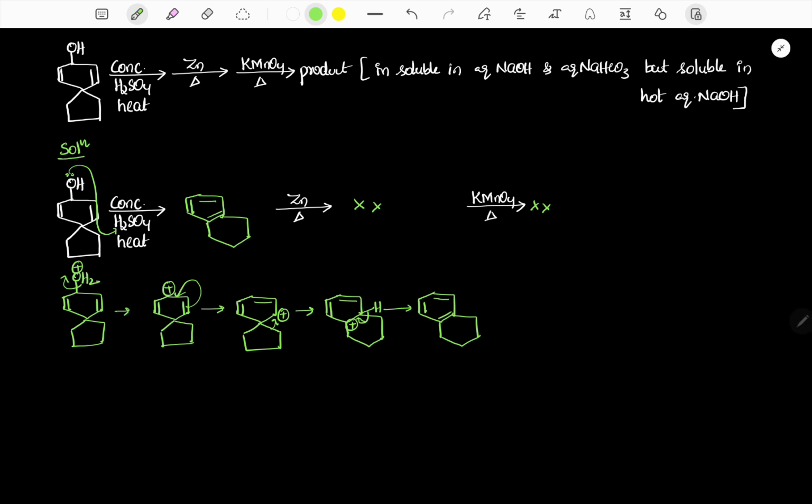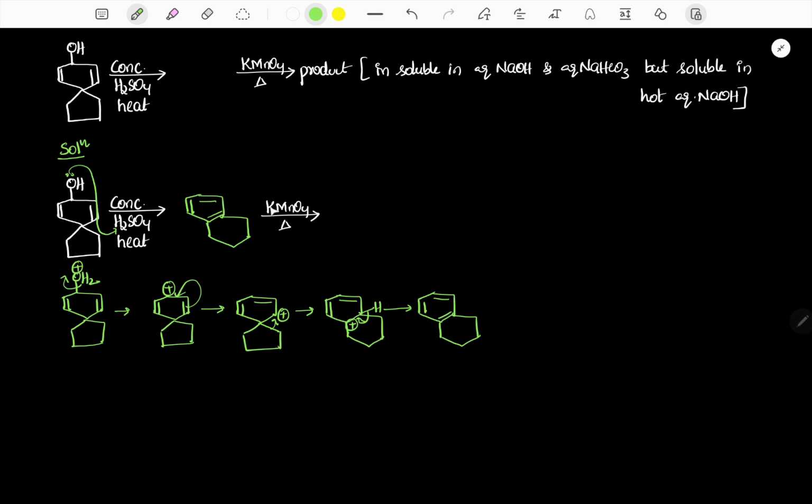Suppose, because here mistakenly I have given the zinc, suppose zinc is not there in the question, then you can continue the question like this. Suppose the question is modified like this.